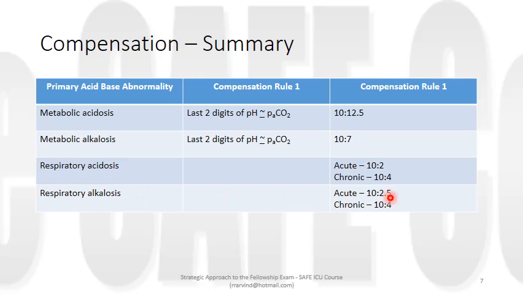For respiratory alkalosis, it's almost similar. In the acute stages, it's 10:2.5. You can say it's 10:2. So you can have virtually the same rule for respiratory acidosis and for respiratory alkalosis. And all you have to therefore remember is this thing here, 10:12.5 and 10:7.